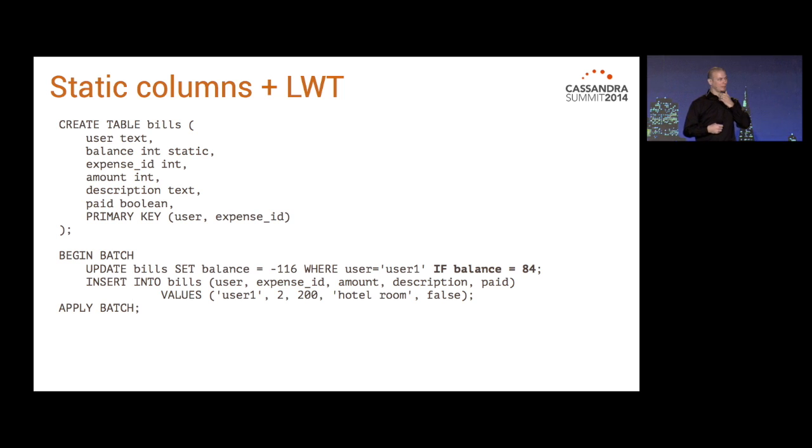But what will happen is, if someone else has performed a transaction between the time that I read the balance and the time that I went to apply this new bill, then this entire batch will be rejected. So we've added lightweight transaction functionality to batches.